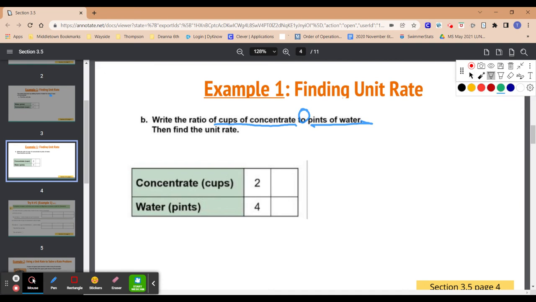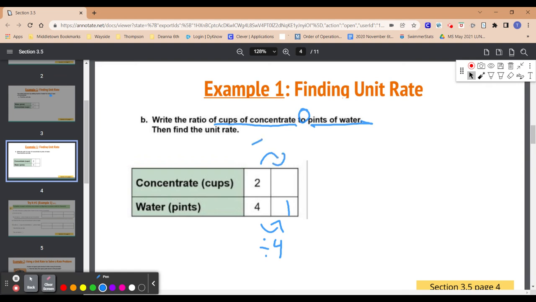So the pints is now 1, okay? Because you have to flip them. And now what you're going to do is you're going to divide by 4, and you're going to divide by 4. And what you see is 2 divided by 4. If you remember, 2 divided by 4 is a fraction of 2/4.